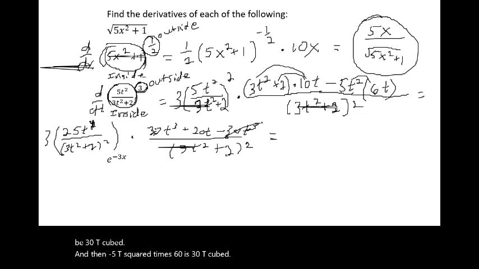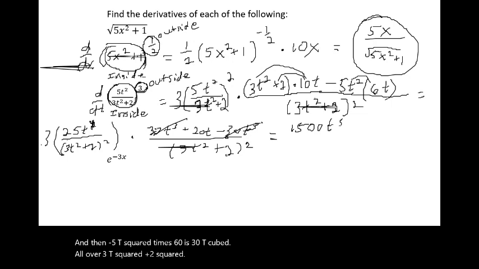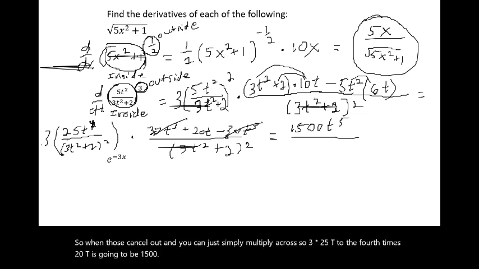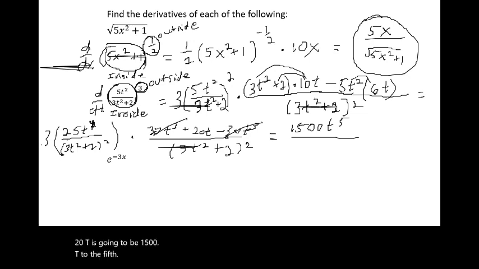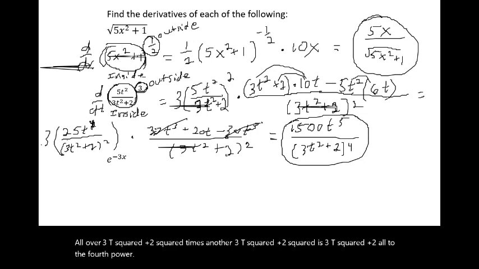So when those cancel out, you can just simply multiply across, so 3 times 25t to the fourth times 20t is going to be 1500t to the fifth, all over 3t squared plus 2 squared times another 3t squared plus 2 squared, which is 3t squared plus 2 all to the fourth power. So that is how it would fully simplify.